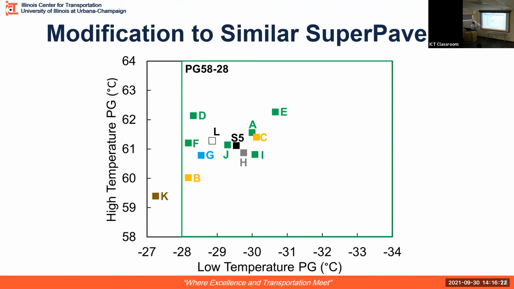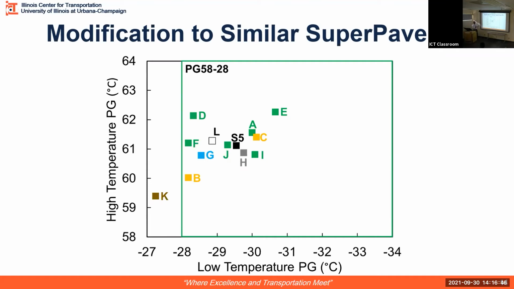All these modifiers were used to produce a PG 58-28, and within this green box of PG 58-28, they were produced in a way that they are very close to each other. The idea was to produce equi-stiffness binders, and based on Superpave, these equi-stiffness binders will technically perform the same and serve the same purpose.